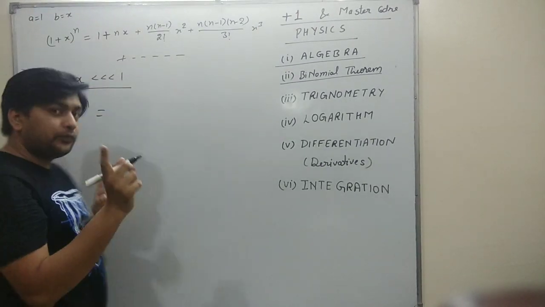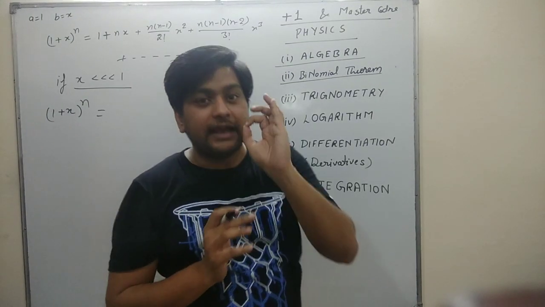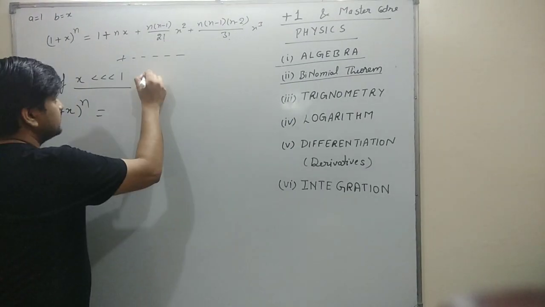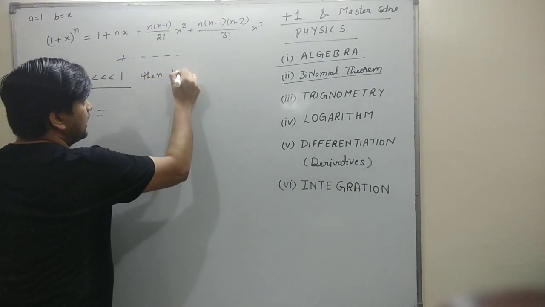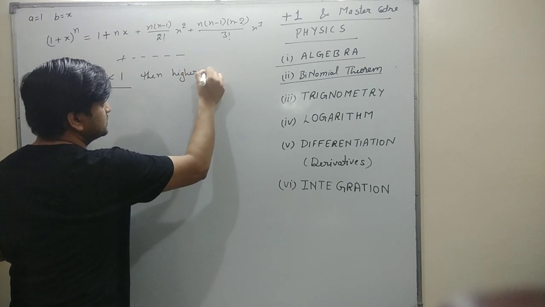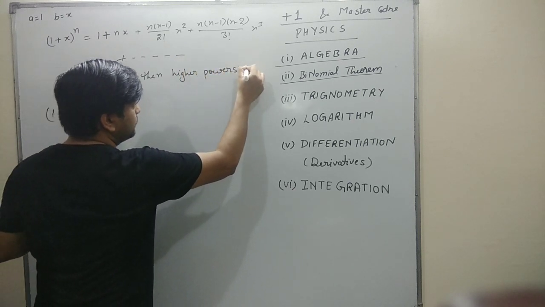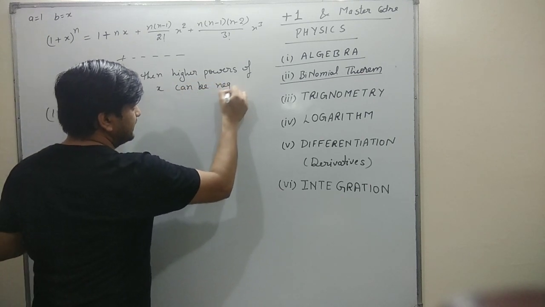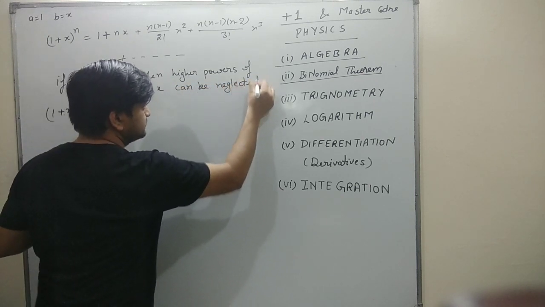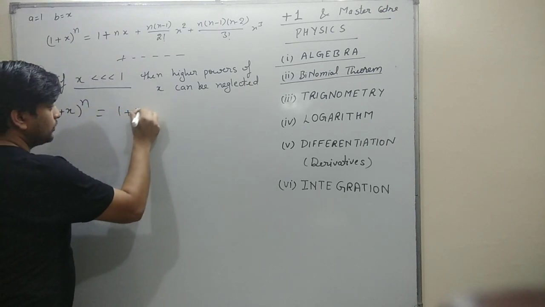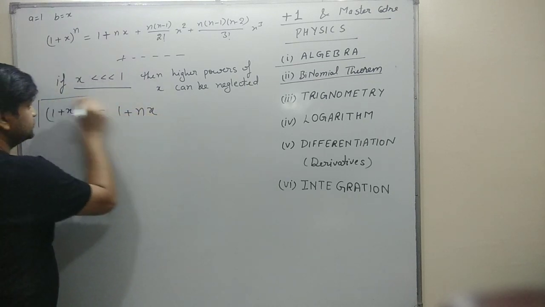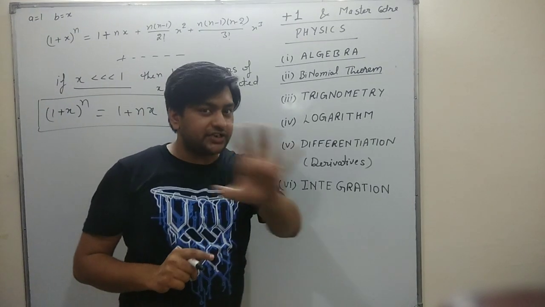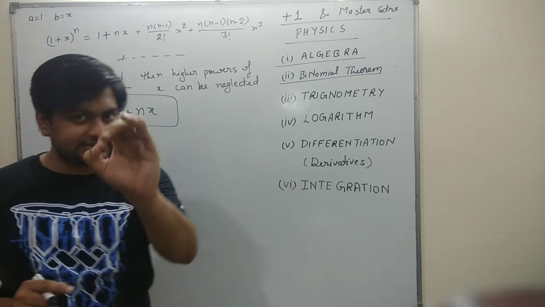If and only if x is less than 1, then higher powers of x can be neglected. So it reduces to 1 plus nx only in the condition that x is less than 1.